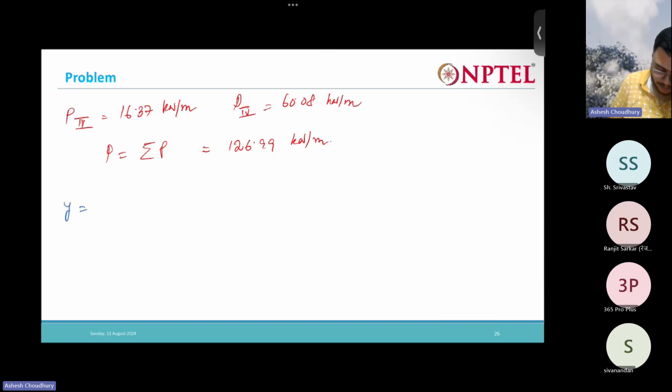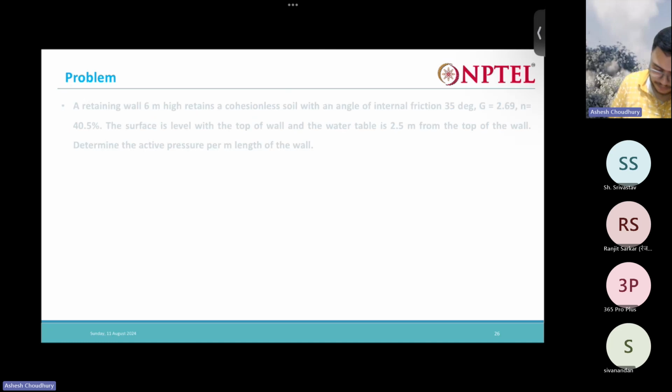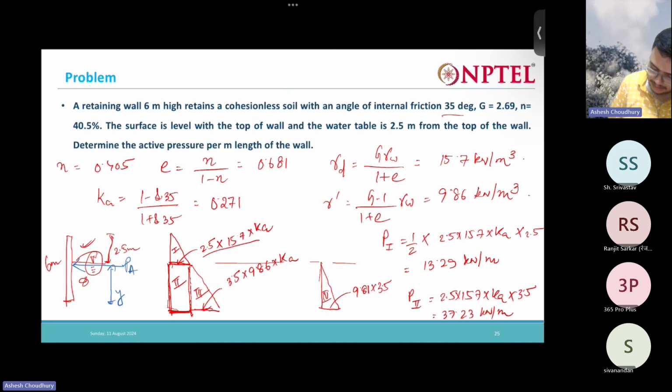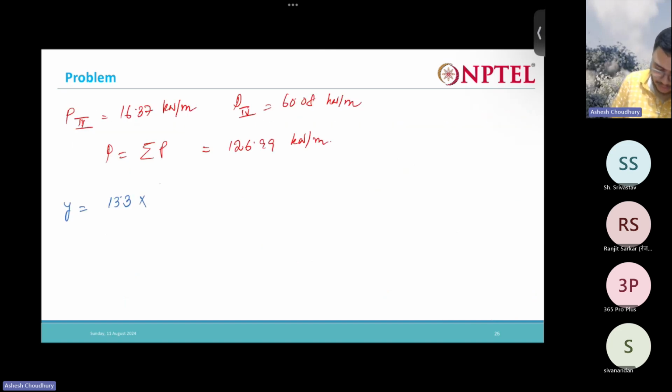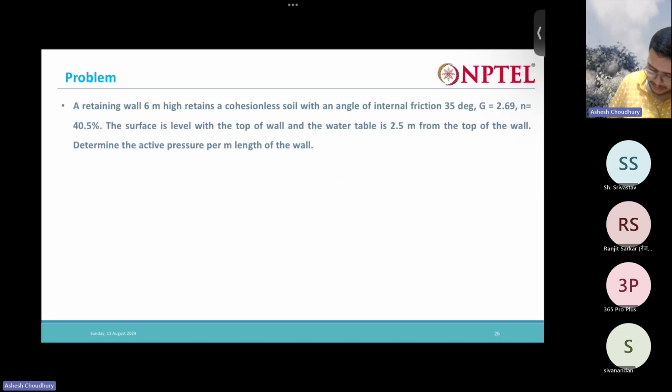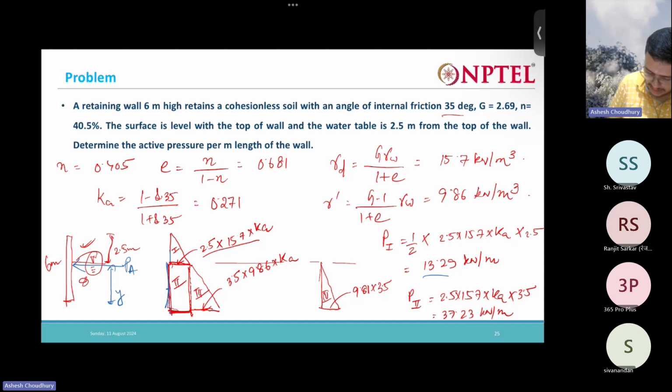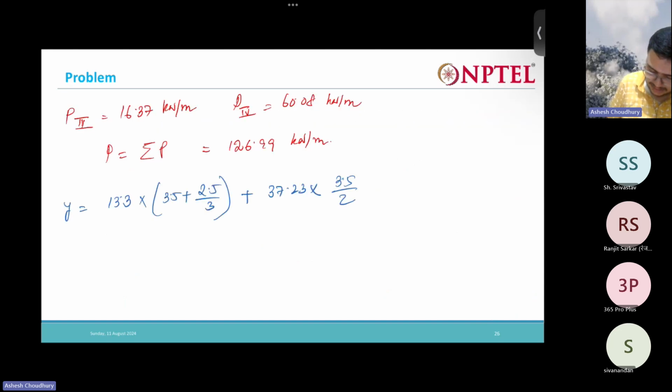Y is equal to 13.3 times (3.5 plus 2.5 by 3) plus 37.23 times 3.5 by 2, half of this. Then this one, what is P3? P3 is 16.37.